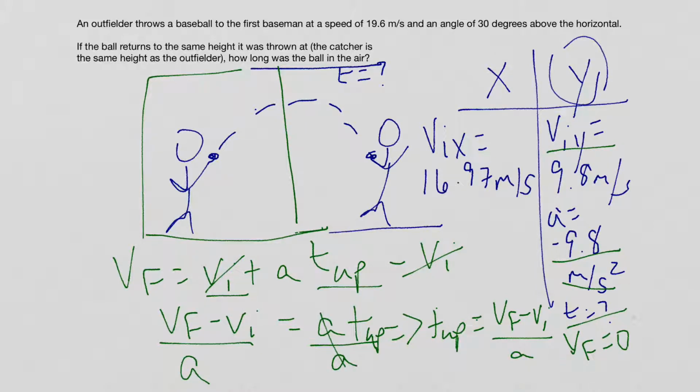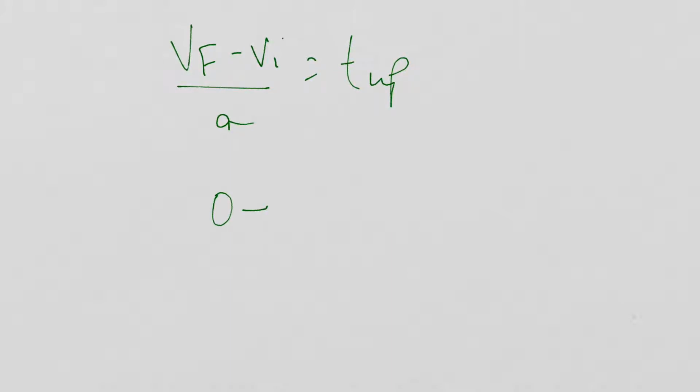Alright? I'm going to go to a new page so that we have a little bit more room. So we ended up with Vf minus Vi divided by A is equal to T up. And our Vf was 0. Our Vi was 9.8 meters per second.